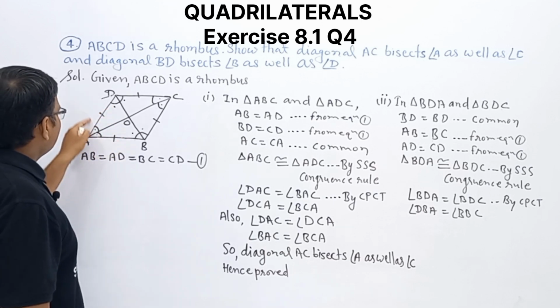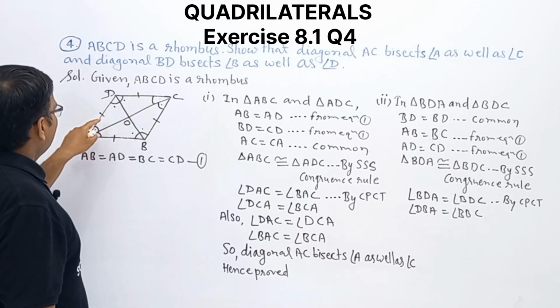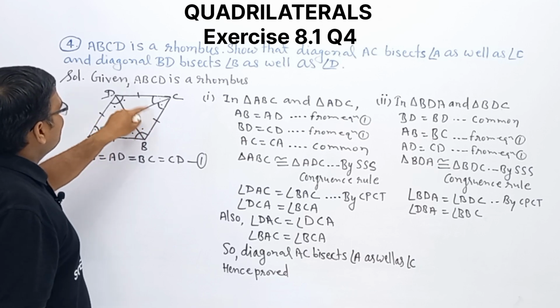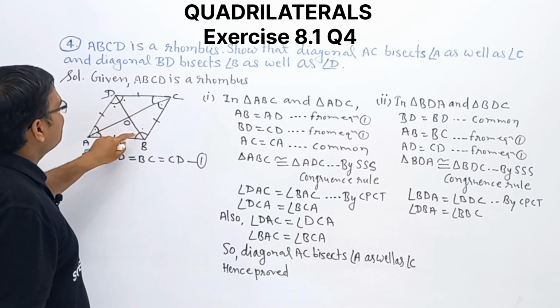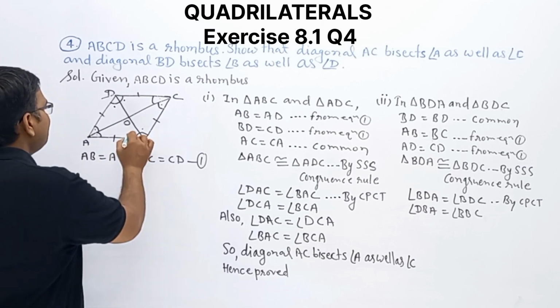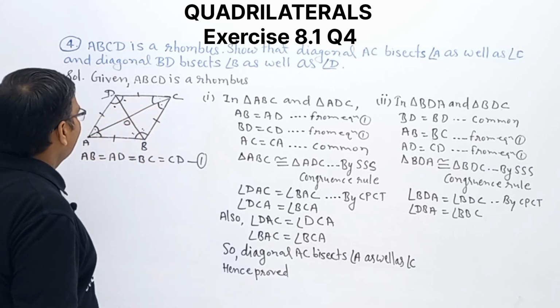In these two triangles, these two sides are equal, these two sides are equal. Two sides are equal, it means opposite angles of these equal sides will be equal. This angle equal to this one and this angle equal to this one. Yes or no?